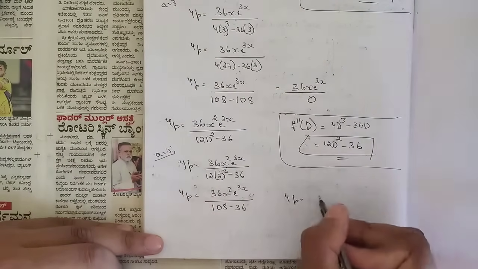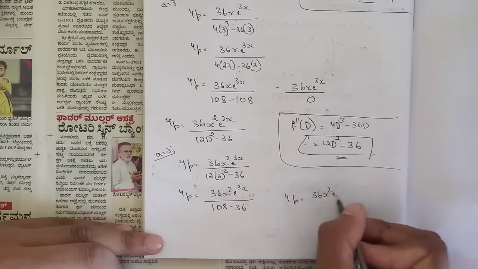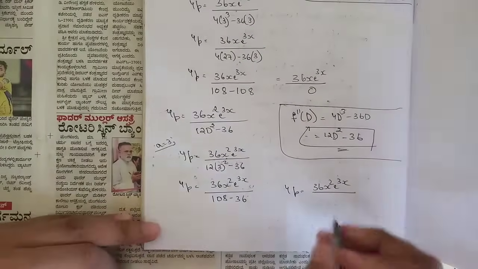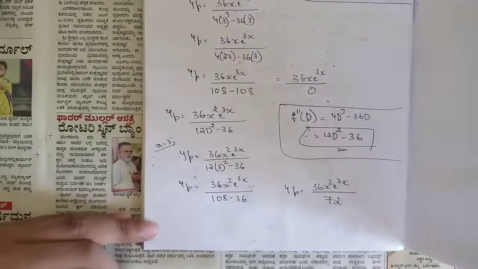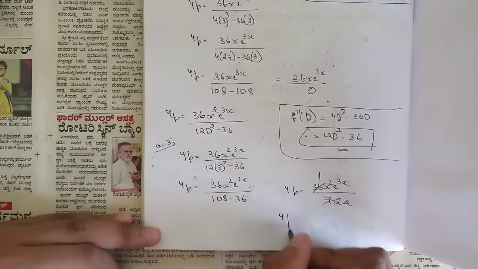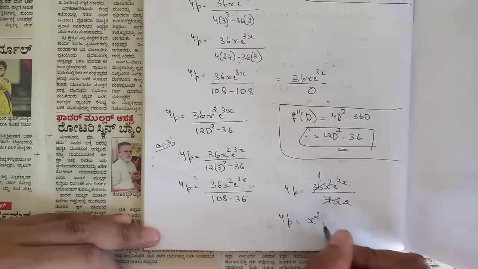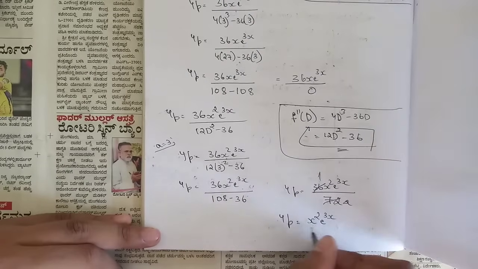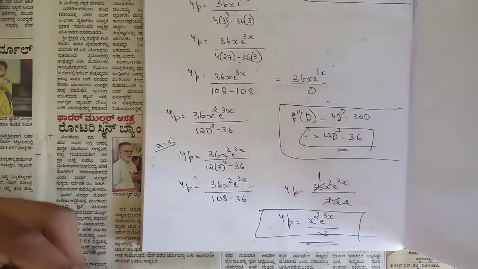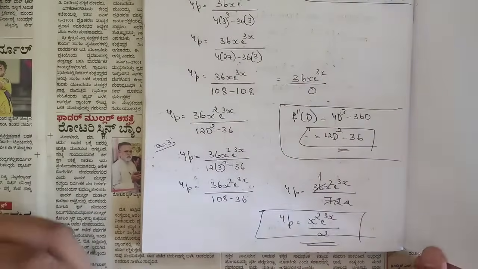So y of p would be 36x square e power 3x divided by 108 minus 36, that is 72. Now we can cancel this, 36 ones are and 36 twos are. So finally we get the value of y of p as x square e power 3x divided by 2. In this way we need to solve for y of p.